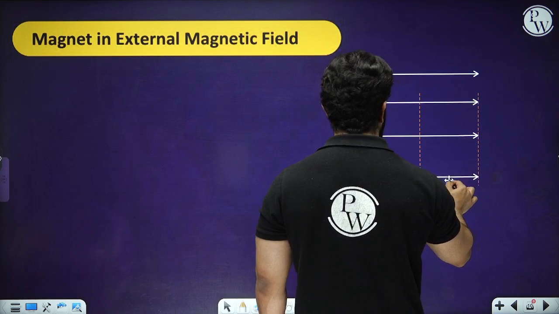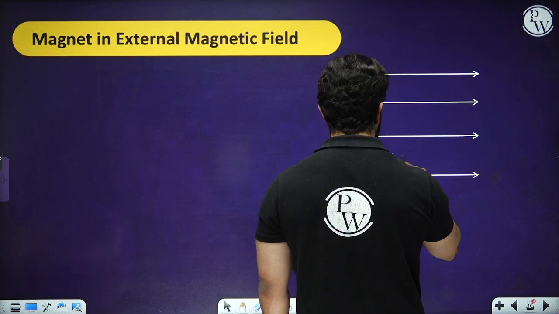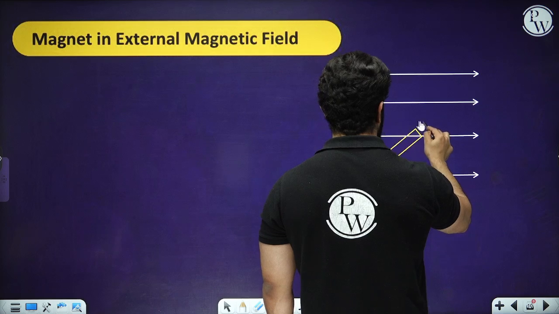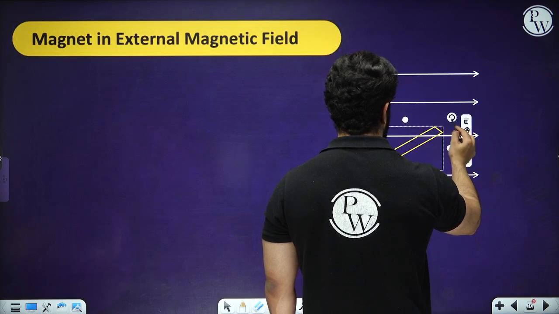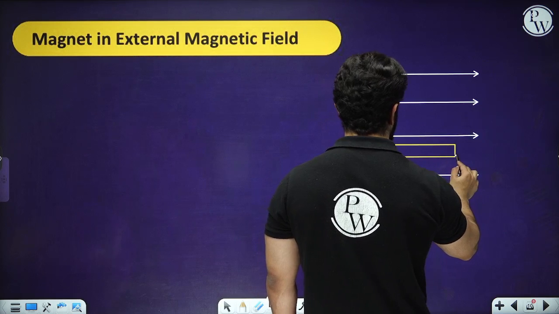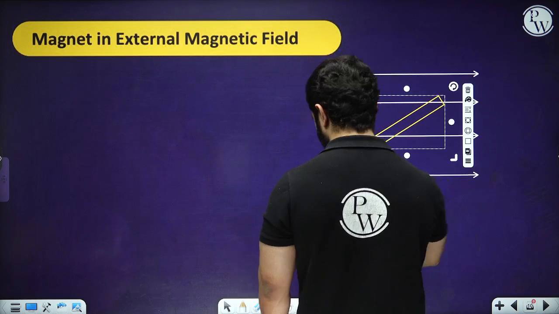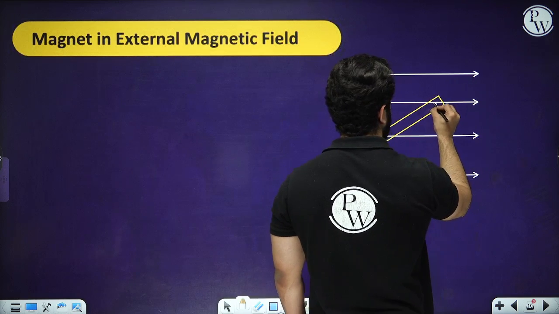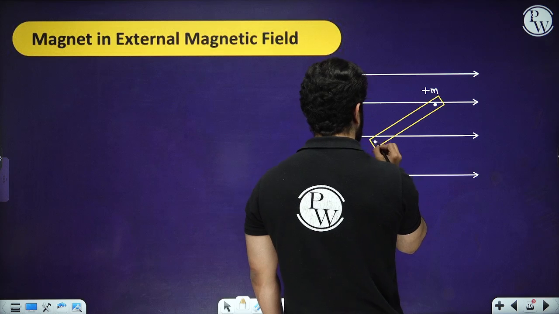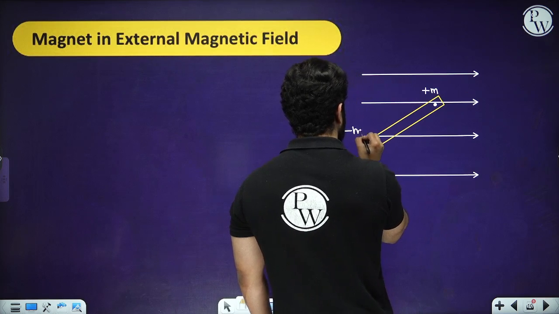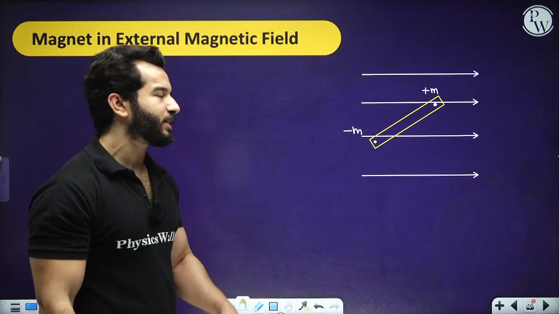So if we are talking about a uniform magnetic field, and let's say we have a bar magnet, something like this, with the north pole over here and the south pole over here. Now see, everything is similar to what you have seen in this one, but still I'll explain it.